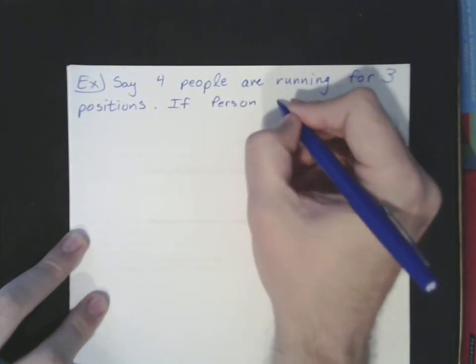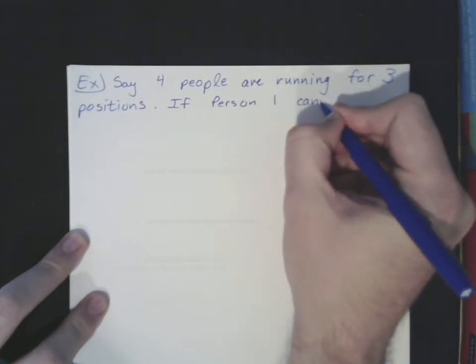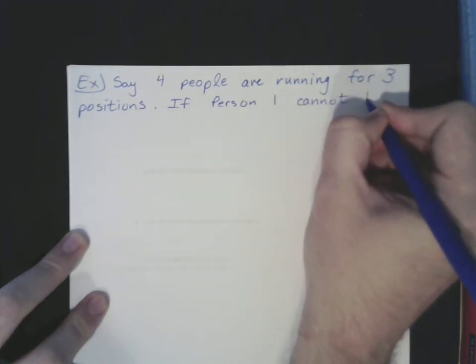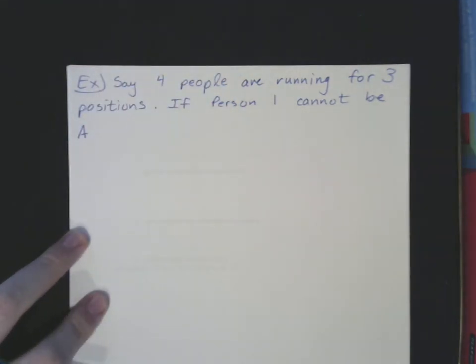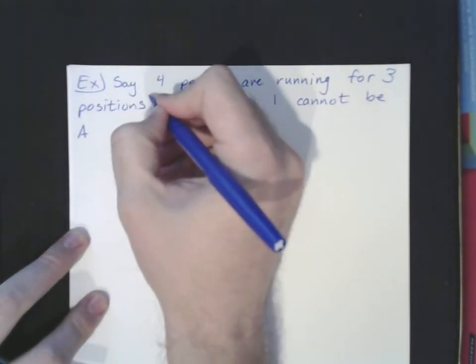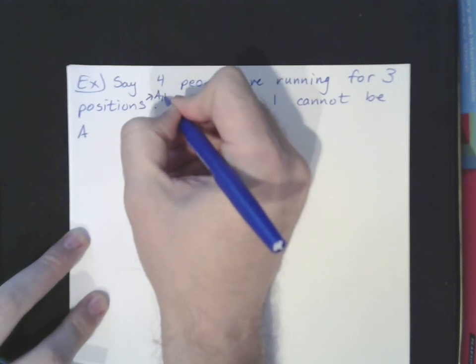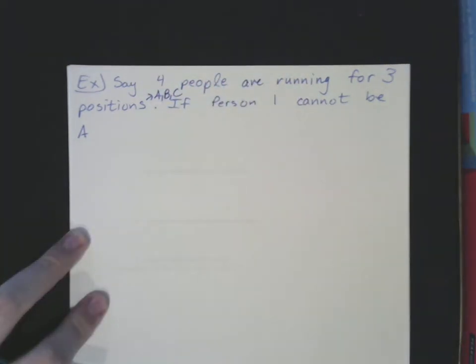If person 1 cannot be A, so I'm going to name the positions A, B, and C. Sneak that in there right there.